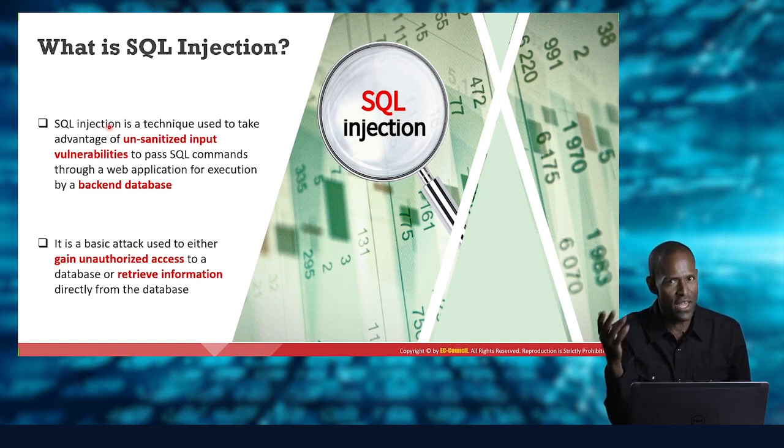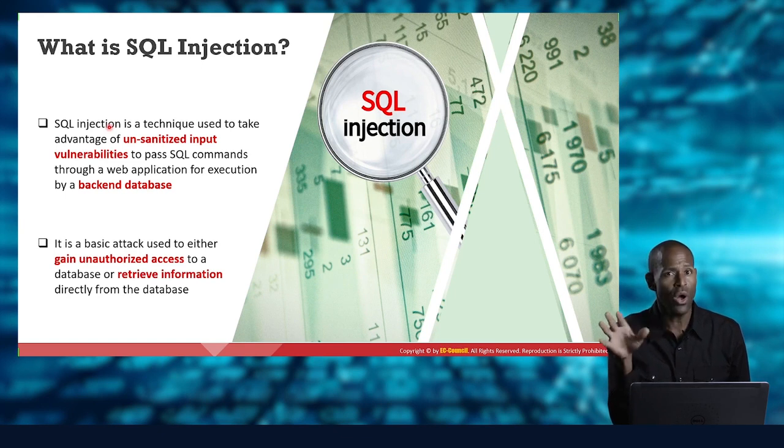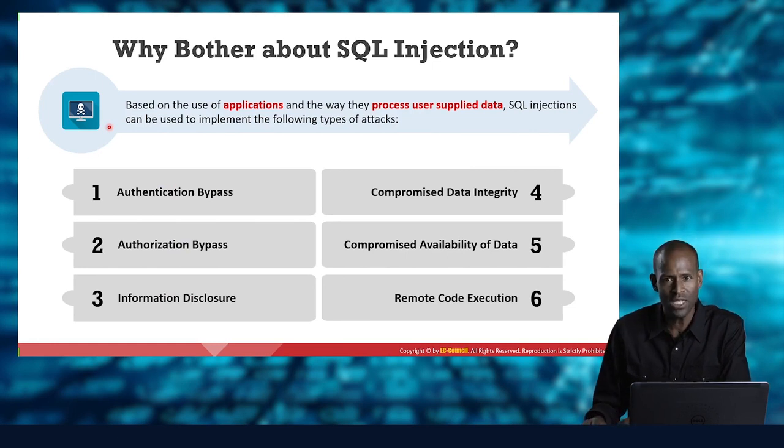These are the types of attacks that can take place against a database server using SQL injection, allowing attackers to do all kinds of stuff like gain unauthorized access, get data information, buy things for $1, stuff like that. So why bother? Well, because if you don't care about SQL injection, it will allow attackers to bypass authentication.